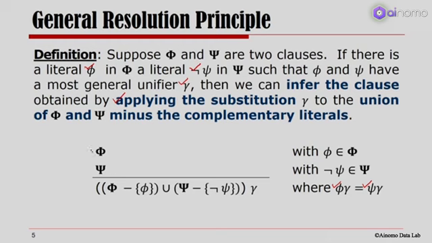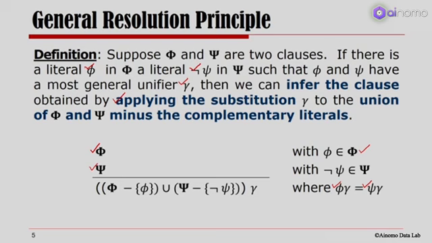And in addition, we require that the final clause in the resolution derivation, phi n, is an empty clause. So, a resolution refutation of a set delta of clauses, to put simply, is a resolution derivation that leads us to the empty clause.